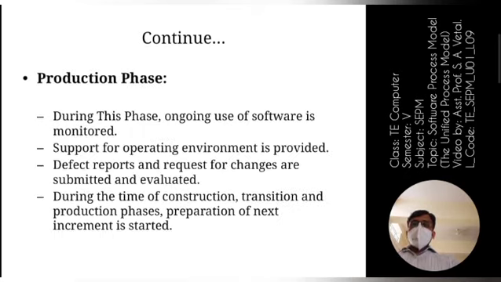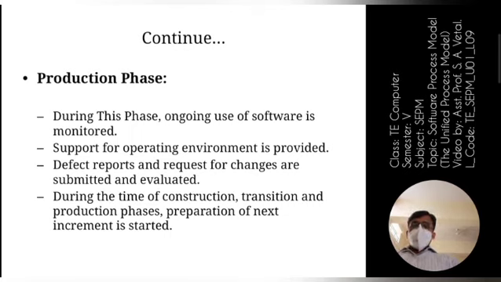Then the last phase of the unified process model is the production phase. During this phase, the ongoing use of the software is monitored. It provides support for the operating environment. The defects reported and requested changes are submitted and evaluated.